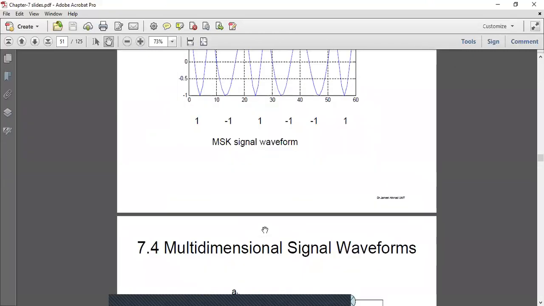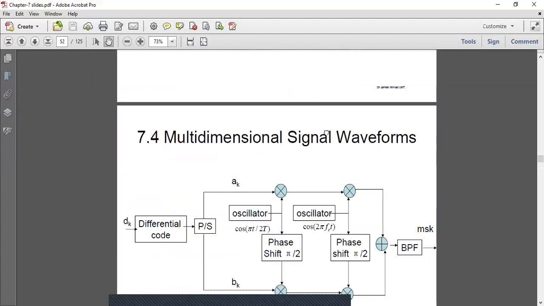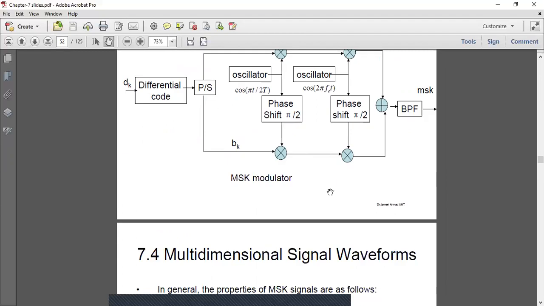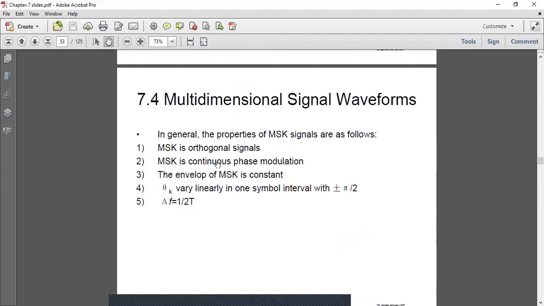Its variant GMSK, or Gaussian minimum shift keying, is used in wireless systems such as GSM. This is the structure of the modulator that is used. The only thing we do here is differential coding, and then we use two oscillators. So this is the MSK modulator. You can read it by yourself. Again, we are using orthogonal signals, and MSK is a continuous phase modulation scheme.